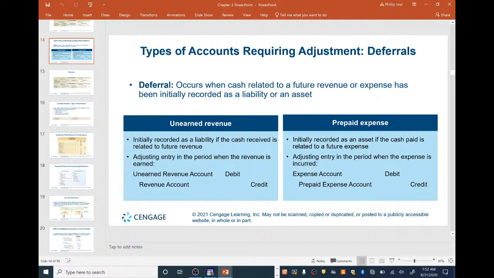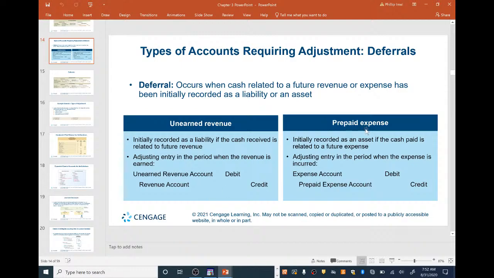Once again, we've reduced our liability because we've actually earned the revenue now, because the tenant has spent the month of January within our space. And so we're going to reduce our liability of unearned revenue, then we're going to increase our revenue, because remember, revenue is an original credit account. Okay? This affects your balance sheet, reduces your liabilities on the balance sheet. This increases your revenues on the income statement. Okay?